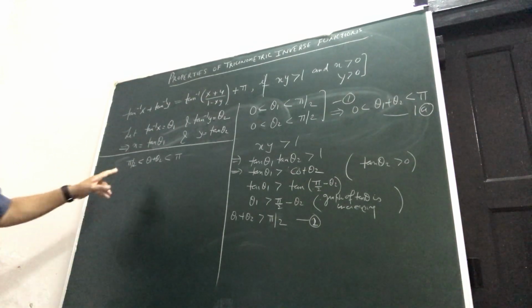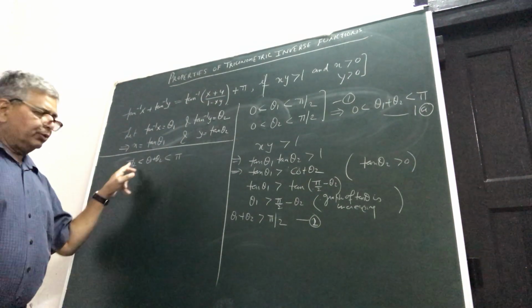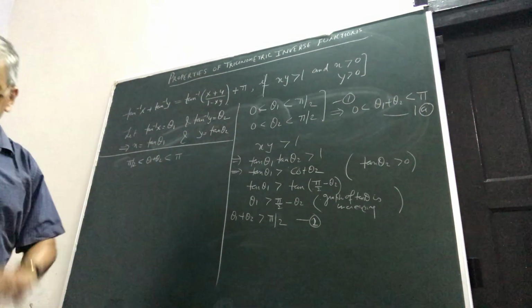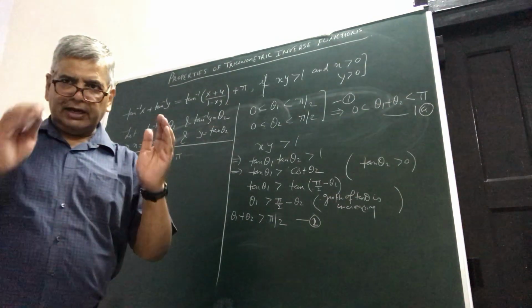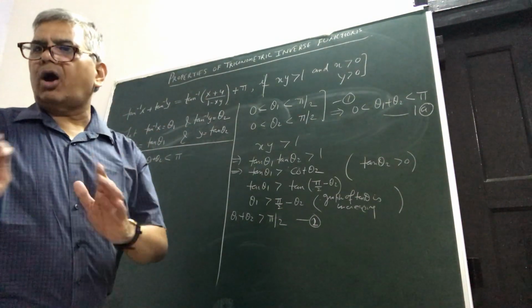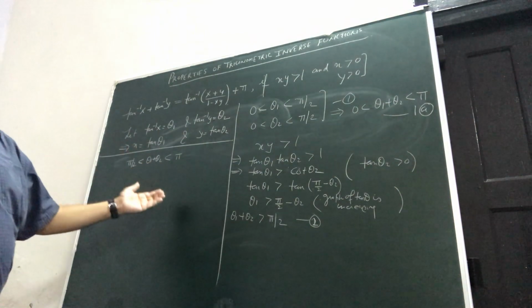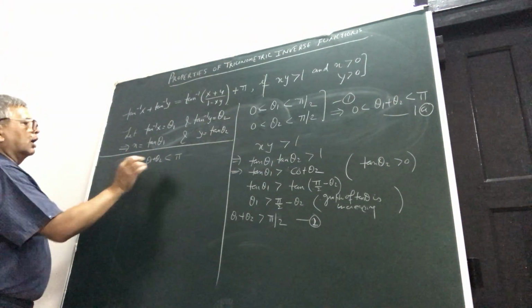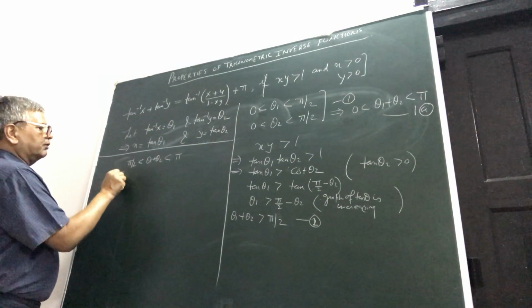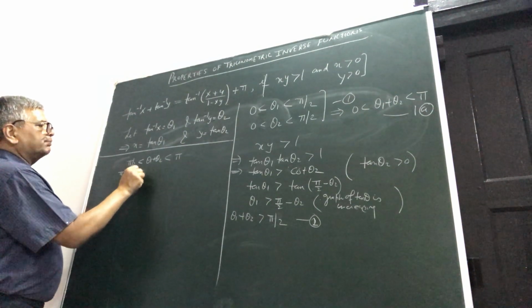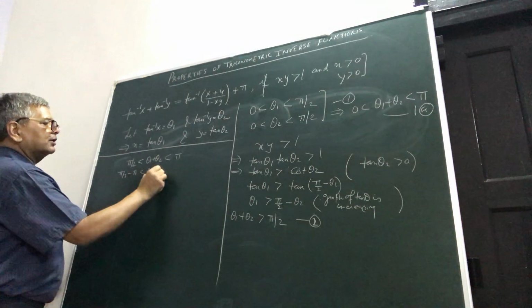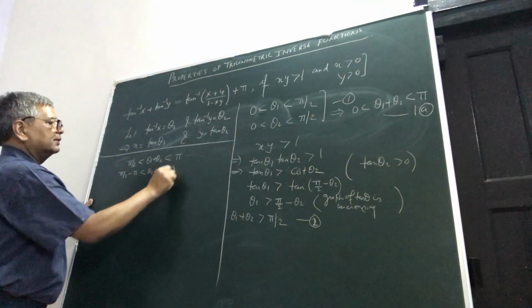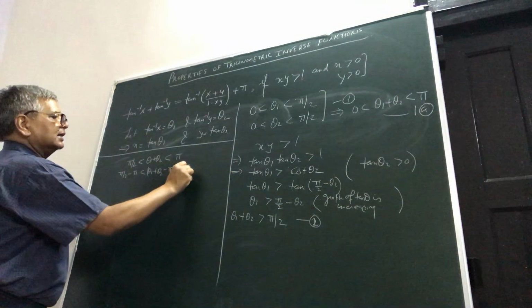Obviously, this pi by 2 to pi interval is not in the principal branch. So theta 1 plus theta 2 somehow has to be brought into the principal branch. So what can we do? Subtract pi throughout. Subtracting pi throughout gives pi by 2 minus pi is less than theta 1 plus theta 2 minus pi, and this is less than pi minus pi.